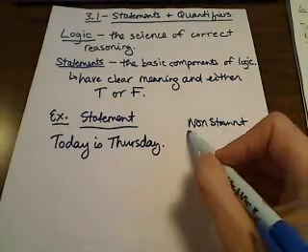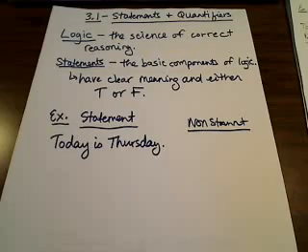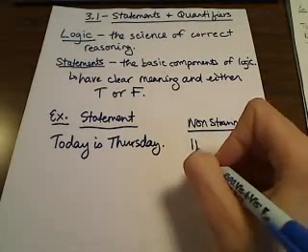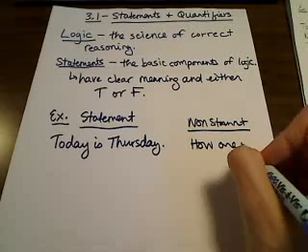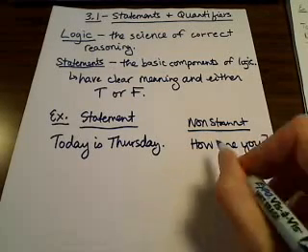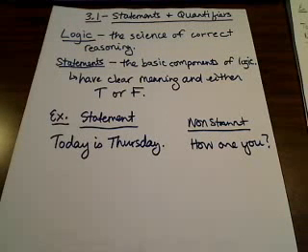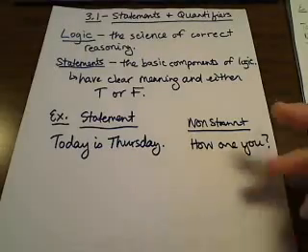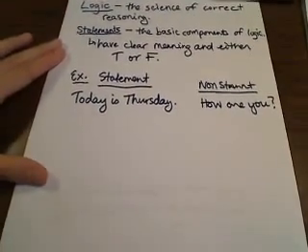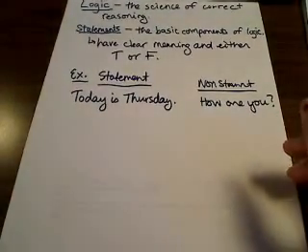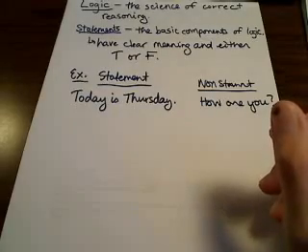That looks really sloppy, but that's my shorthand for non-statement. Might be something like: how are you? That's a sentence that has meaning in the English language, but in terms of logic, it has no meaning for us. It's not something that we can decide is true or false, that it has some kind of true or false value to it. Okay, it's usually pretty clear whether something is a statement or not a statement.